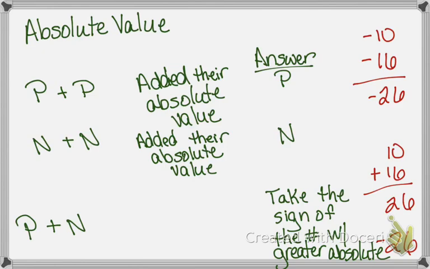So my answer is going to be positive. But if you reverse it and say negative 10 and positive 1, it still would be 10, right? No. This is your greater absolute value, so my answer would be negative 9. I take this sign because this is the number with the greater absolute value.